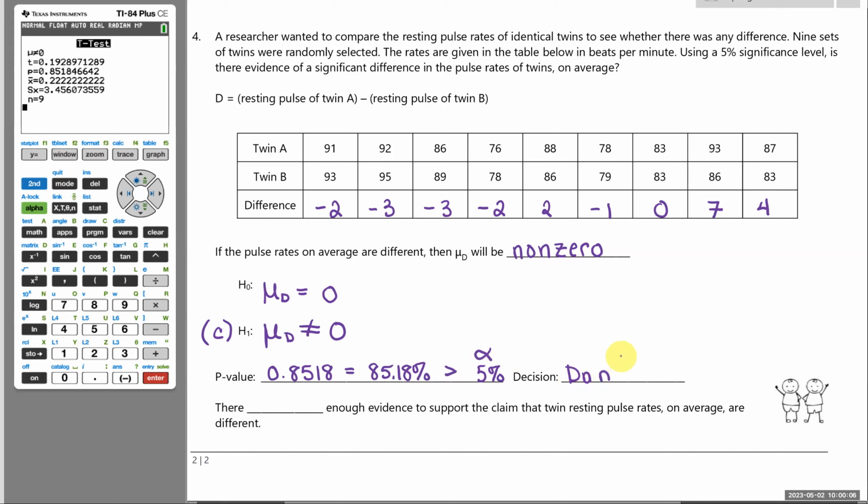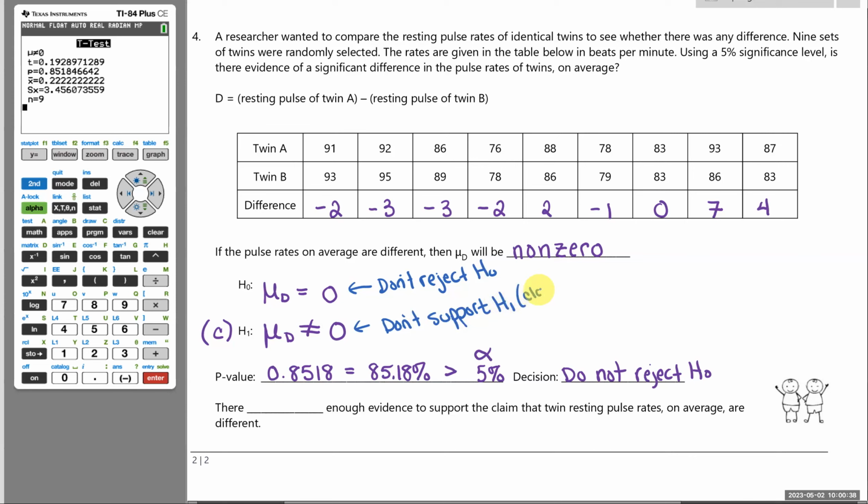So the decision is do not reject the null hypothesis. Okay, and as always, if you don't reject the null, then you don't support the claim.